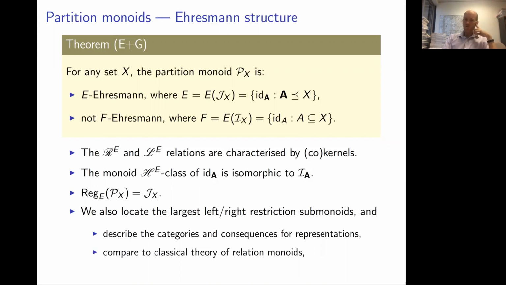We had a chapter on relation monoids, which are natural examples of Ehresmann monoids. And there's a very interesting duality between subsets and quotients that arises here. That was very interesting for us. We looked at some other things like Brauer monoids and rook partition monoids, but this is a vague summary of what's in the paper.